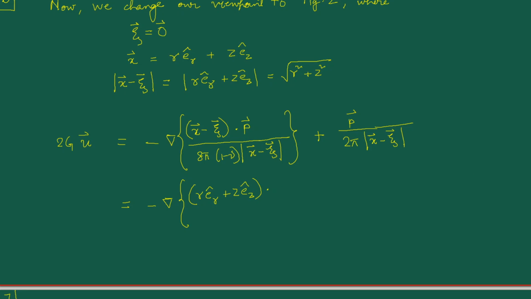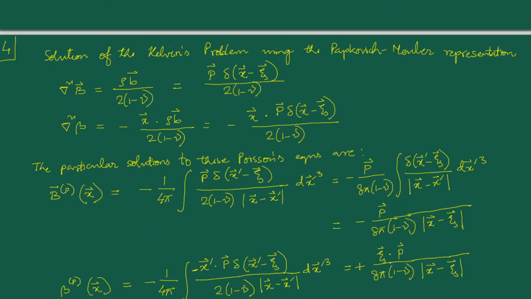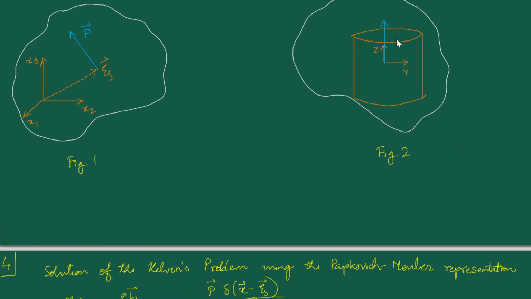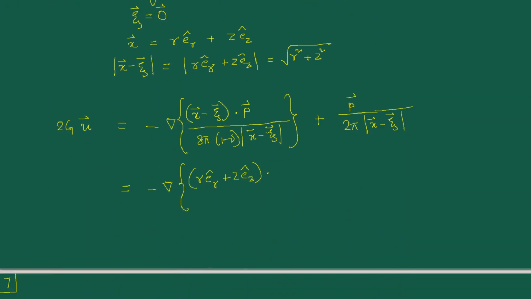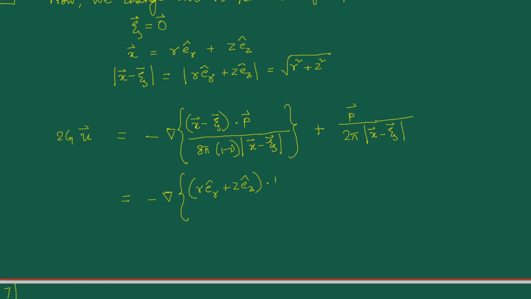You note from my figure 2 that this is the P vector. With reference to this cylindrical coordinate system, this P vector is simply equal to P EZ vector, because it is oriented along the z direction. That's what we are going to use here, P EZ vector. This will considerably simplify our algebra.